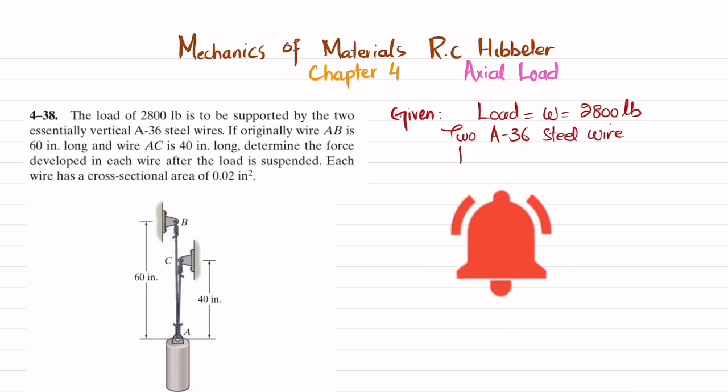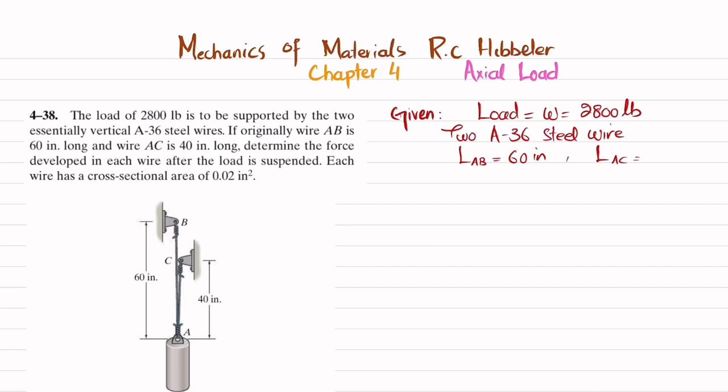And the length of wire AB is given as 60 inches, while the length of AC is given as 40 inches. That is before the load is applied. Original length is this one. Area of AB is equal to area of AC, which is given as 0.02 square inch.